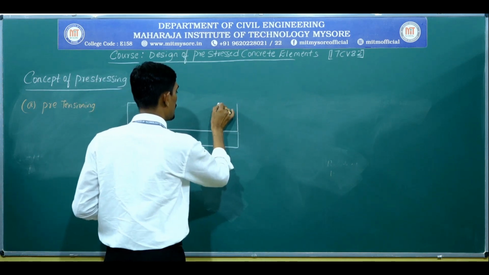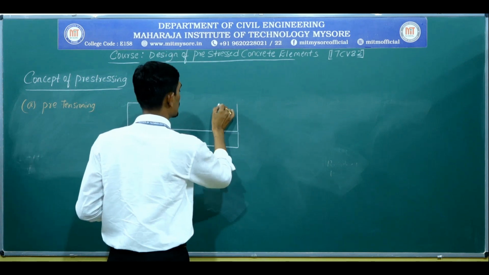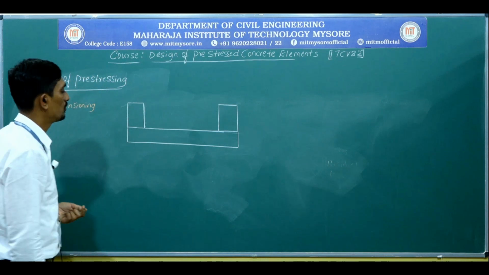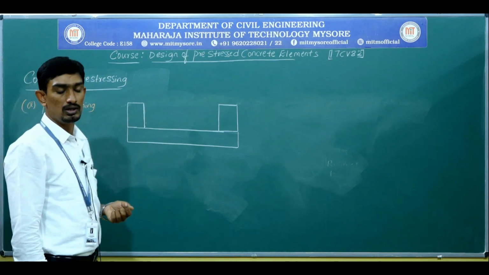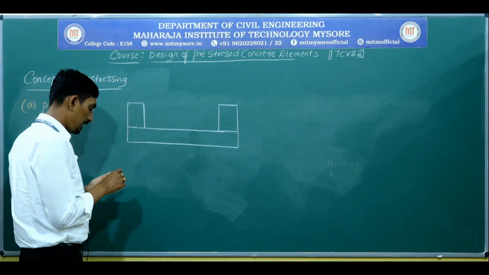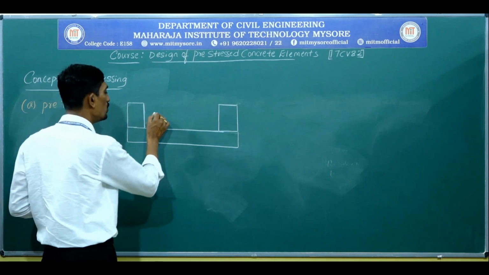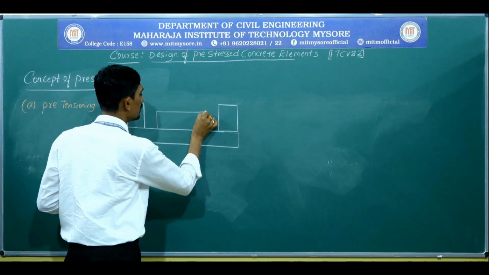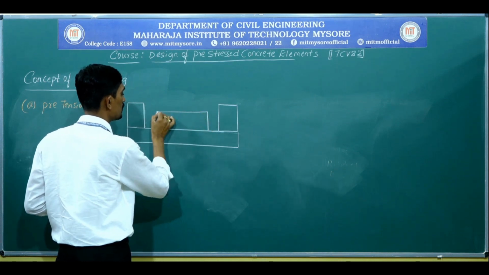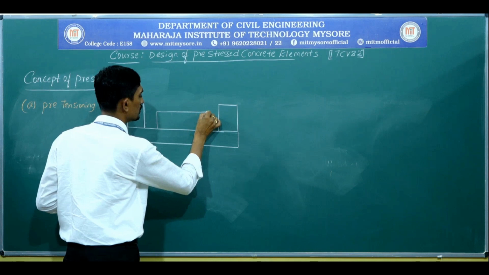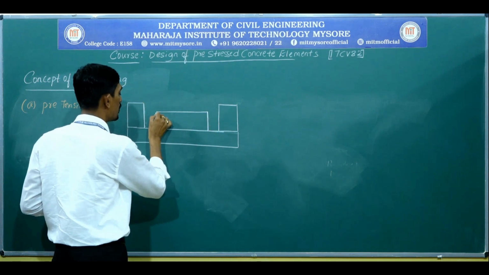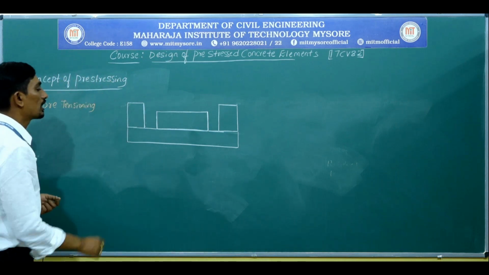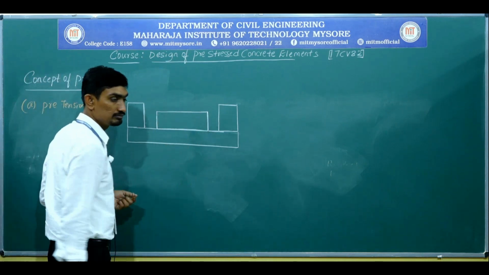So this is the casting bed, and on that casting bed, let me introduce the abutments. I will tell you why. Now, let me go ahead with the mold. So the very first step is this one: let me place a mold on the pre-stressing bed. And these are the two abutments.